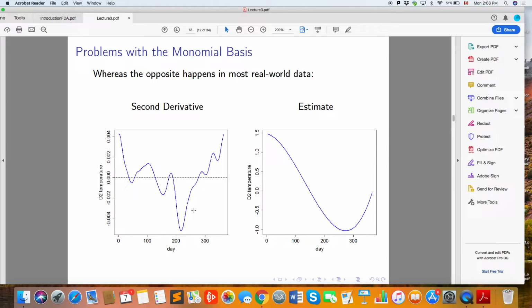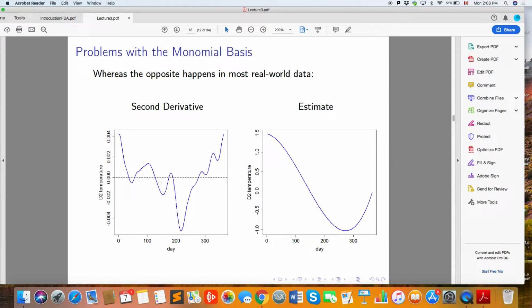If you look at the second derivative, you can see the second derivative of the temperature is more complicated than the first derivative, which makes sense intuitively.